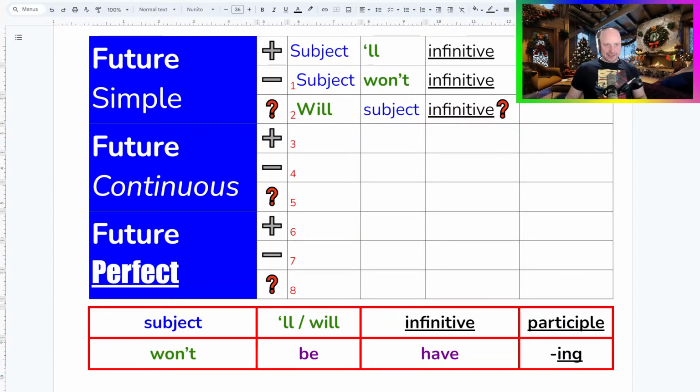So actually, this is not the gerund, because be plus ing is not be plus noun. It's be plus present participle. And the present participle is not the gerund.